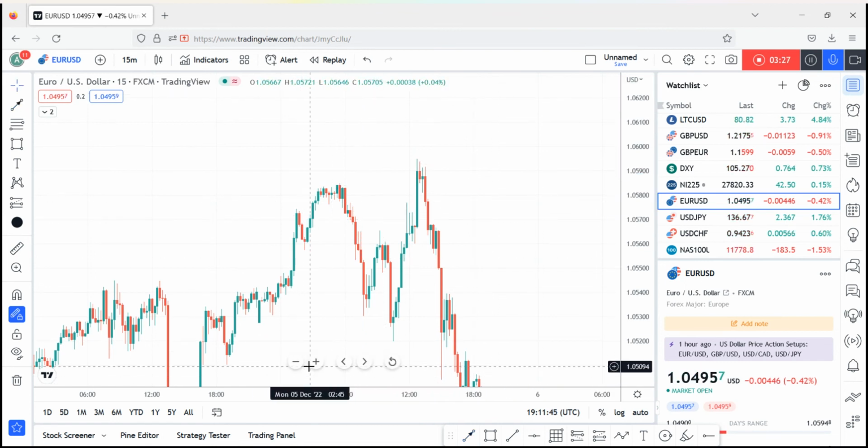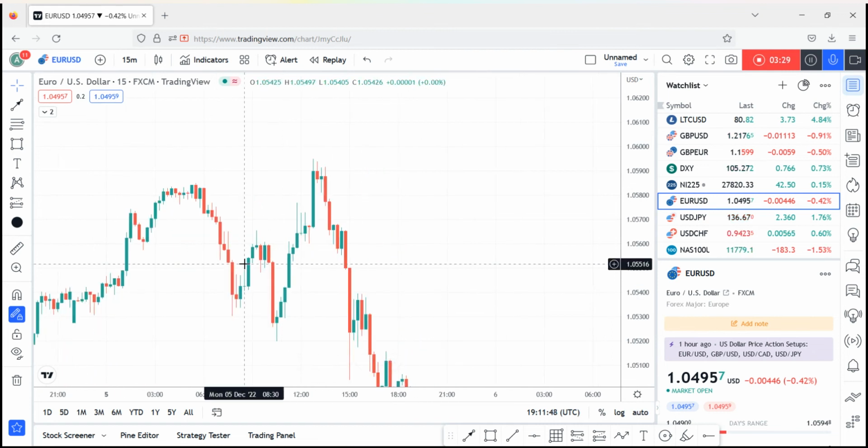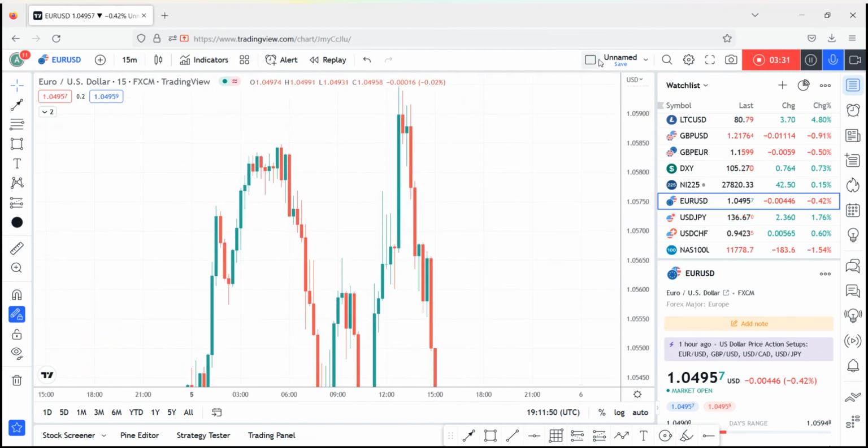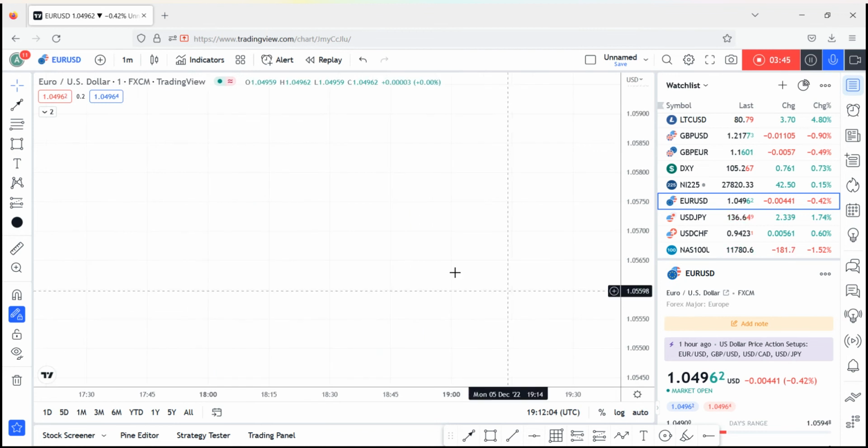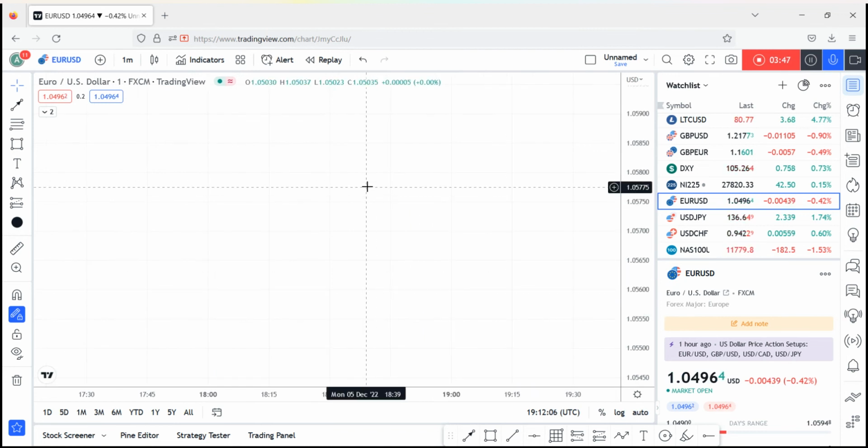Let me zoom it on the live chart. From here price just swept the liquidity. You can see price goes above this zone and closes below the zone. And now what you can do is, reset.